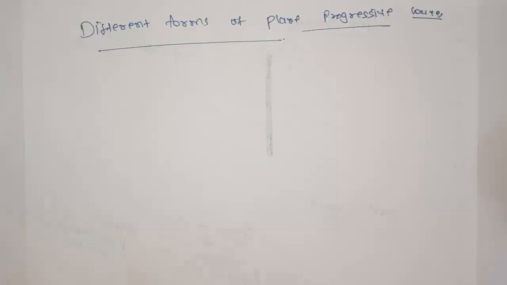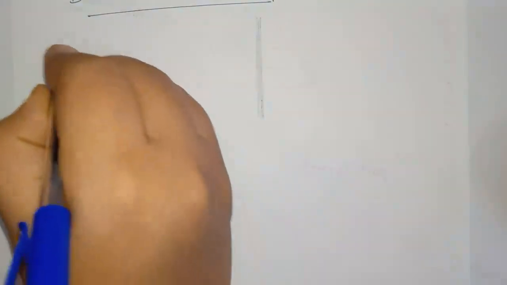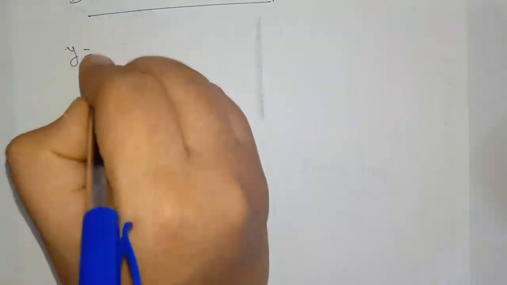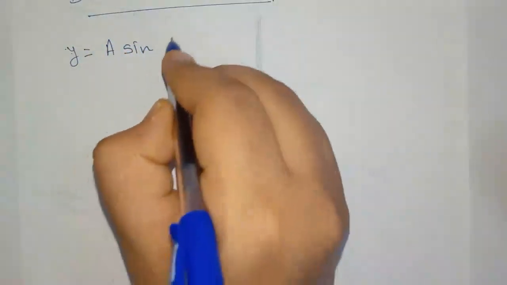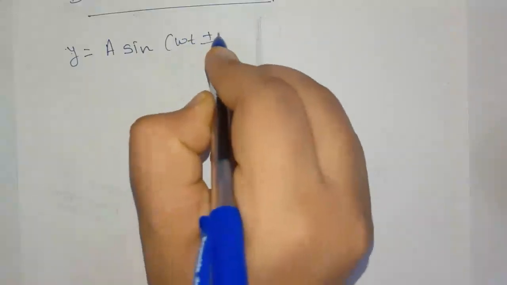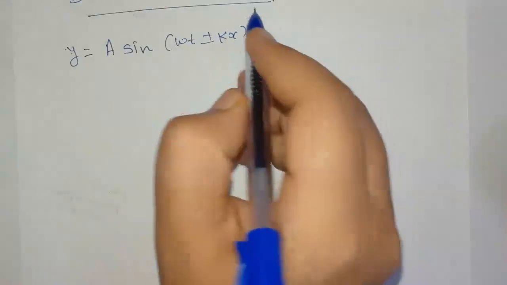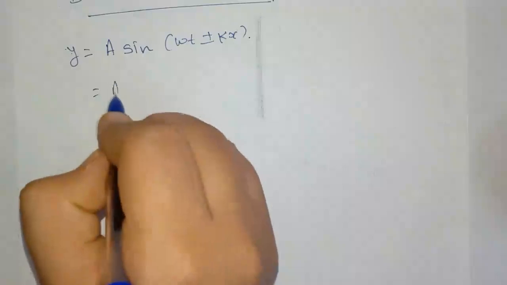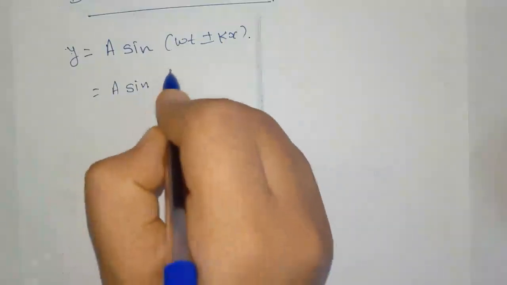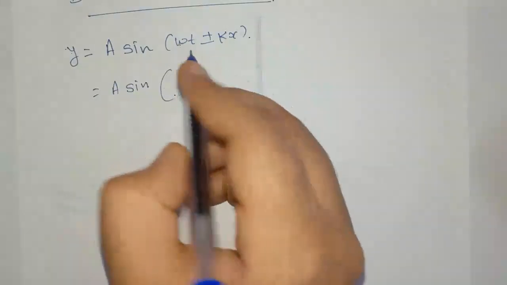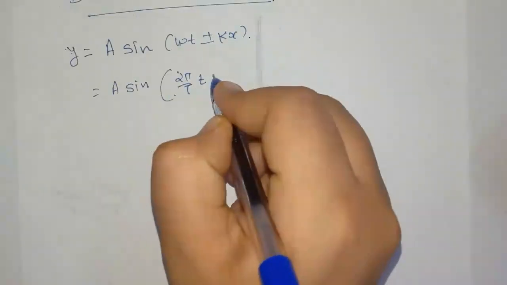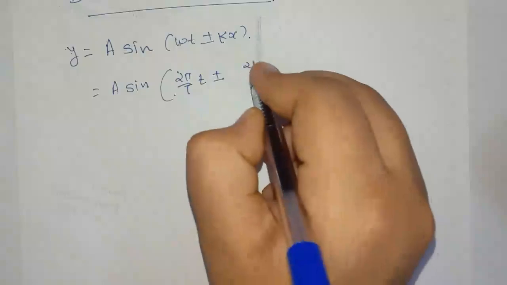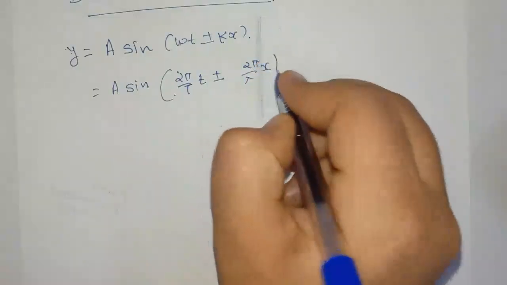Let us see the different forms of plane progressive wave. First, a basic form, that is y is equal to a sine of omega t plus or minus kx. The other form: omega can be written as 2 pi by T, and k can be written as 2 pi by lambda.